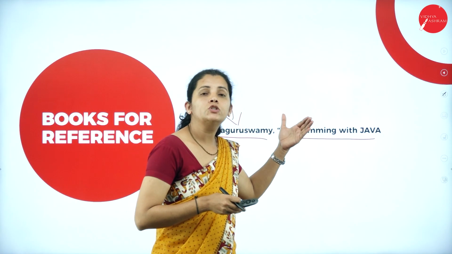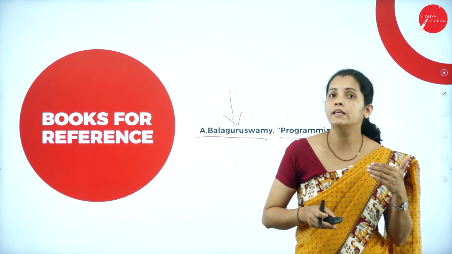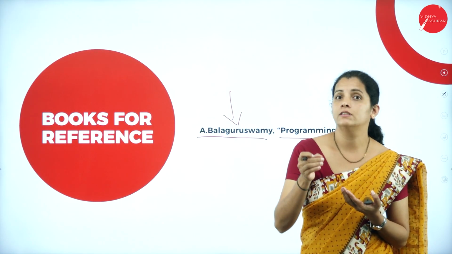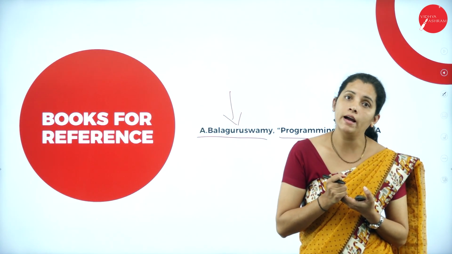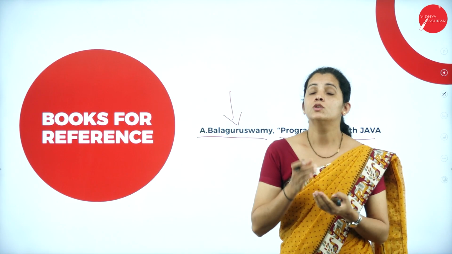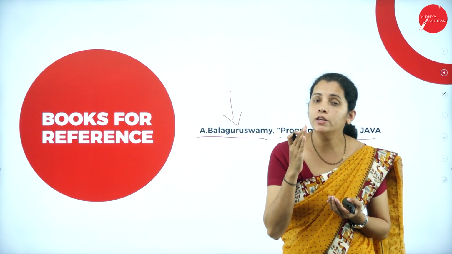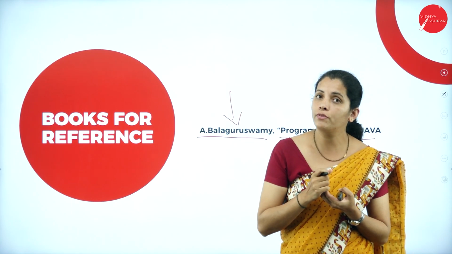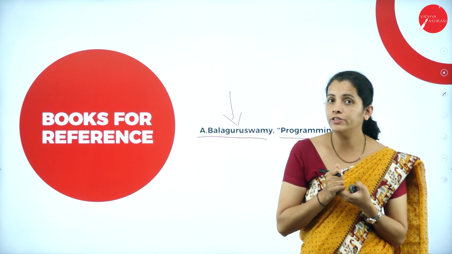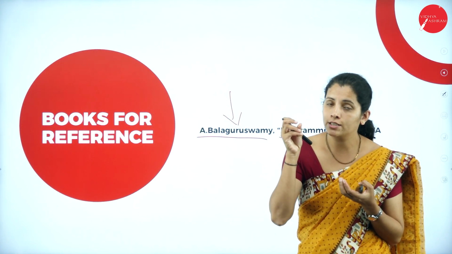Dear students, once you cover all 4 units, then you can very easily identify the different versions of Java. That is Java Standard Edition. Then we are going to have Java Enterprise Edition. Then we are going to have Java Micro Edition. So here Java Standard Edition is mainly used to develop applications for desktop systems.